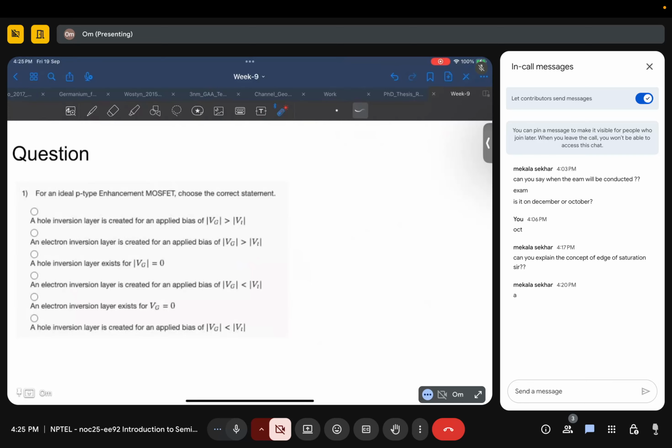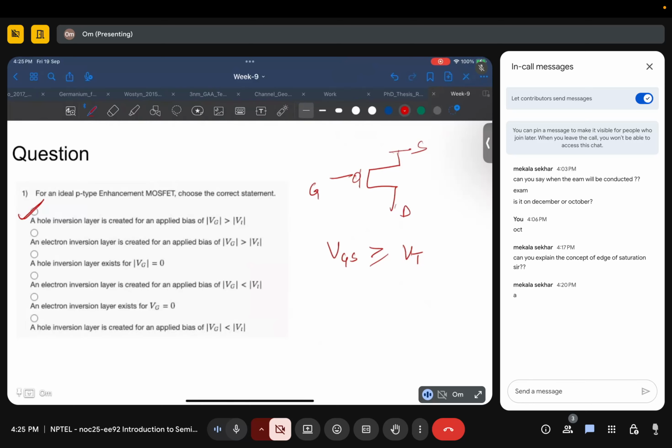Okay, so for this question, option A is correct. In a P-type MOSFET, this is source, this is drain, this is gate. For a P-type MOSFET, you should have VSG, or VGS, greater than or equal to VT, right?